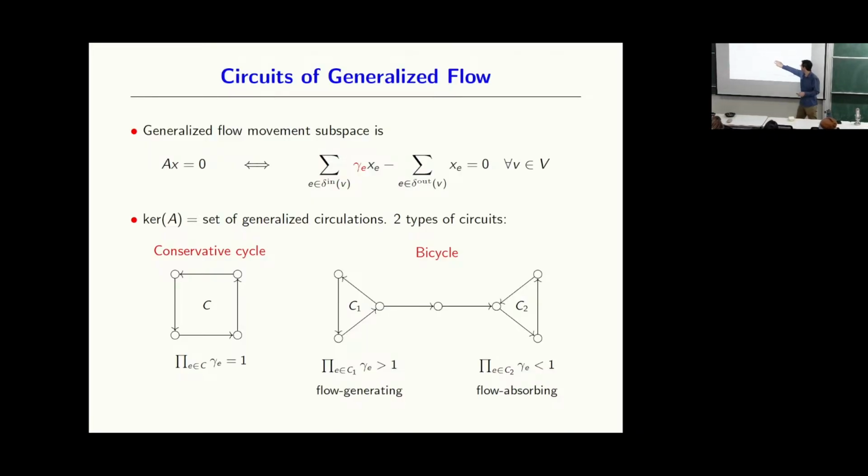So I'm going to take it and ship it down to another node. And then in this other node, there'll be what's called a flow absorbing cycle, where the amount of flow that comes back is less than what I send out. And I can use this cycle to cancel out the excess flow here. I put those together and I get the basic building blocks, let's say, of elements inside the kernel. So these are the 2 different types of circuits in the context of generalized flow.